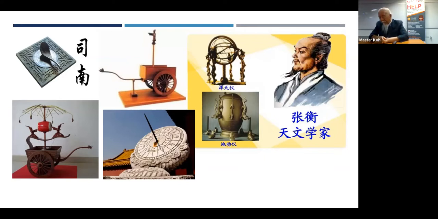And then the one on the top is like an astrolabe. It is an astrolabe. It was also invented by Zhang Heng. There's one that's still available in China, somewhere in North China. And then of course the one below there is actually an earthquake gadget.